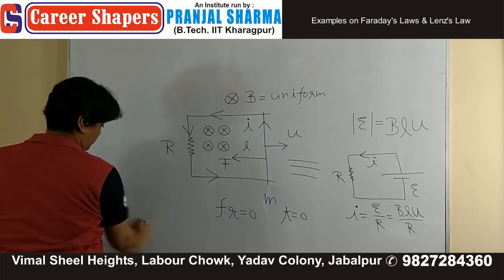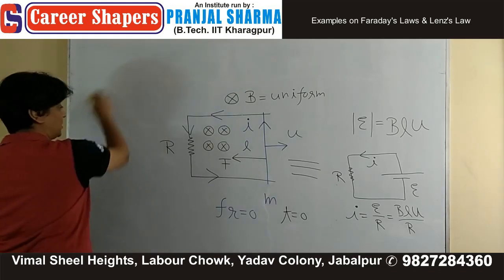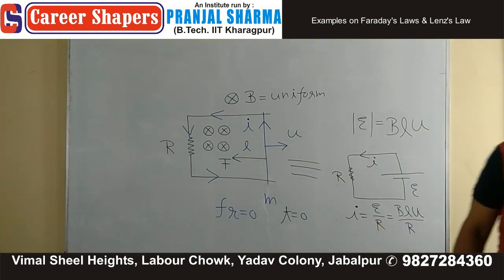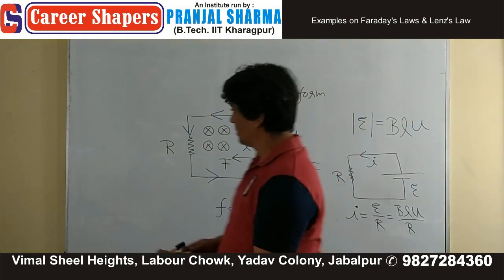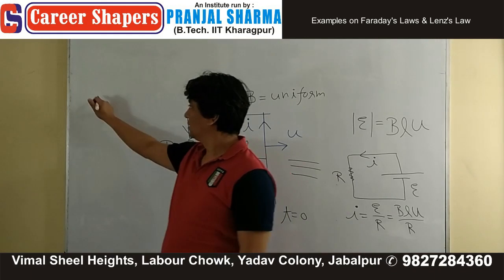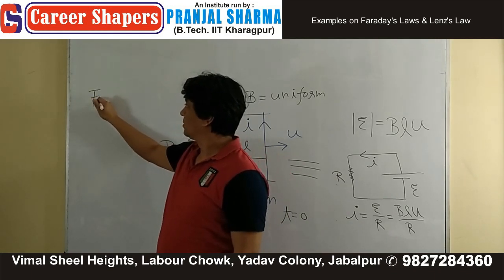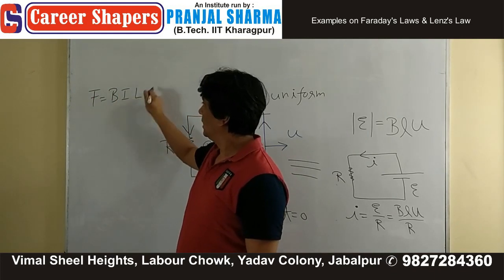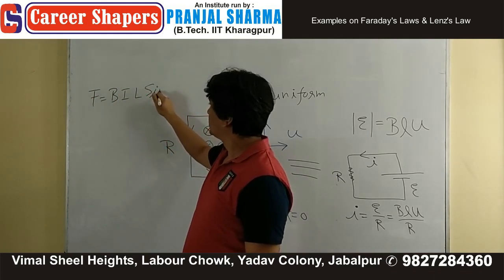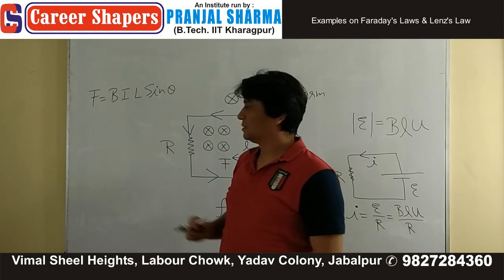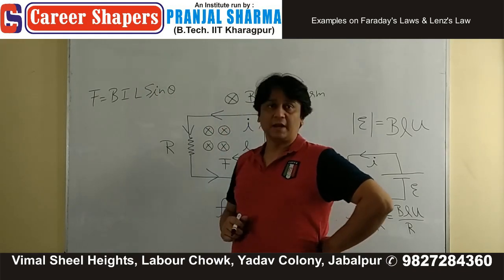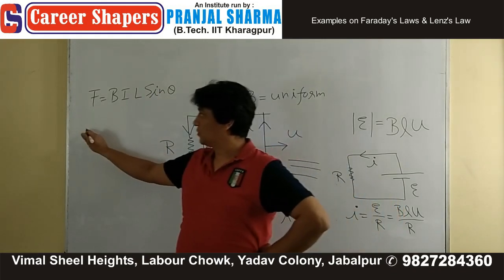If we have a rod which is moving, which is having a current, then we know force acting on it. The formula is what? BIL sine theta. So we need this force.